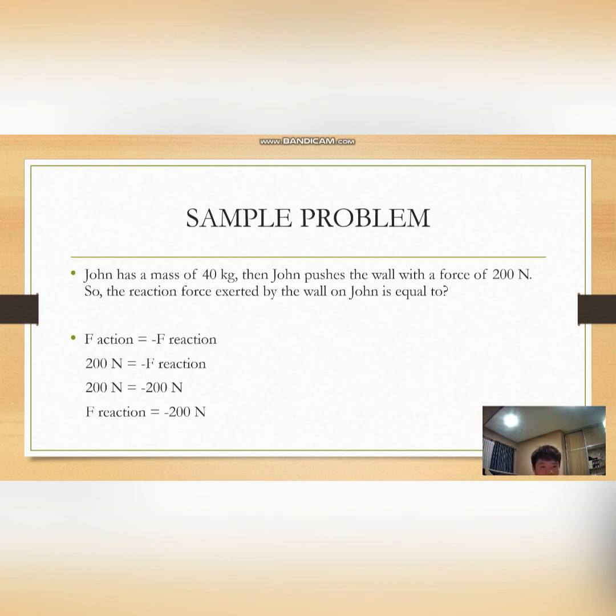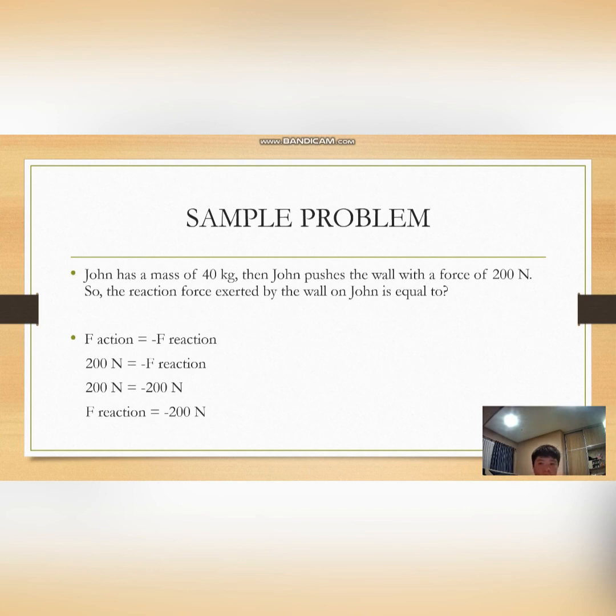These are the sample problems. John has a mass of 40 kg. Then John pushed the wall with a force of 200 Newton. So the reaction force exerted by the wall on John is: F action equals negative F reaction.